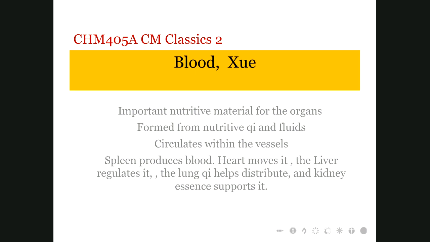It usually causes very serious conditions, goes to emergency for Wen Bing conditions, and needs specific care. Blood is an important nutritive material for the organs. We all know that we only have a certain volume of blood in our bodies. If we have serious hemorrhage, we can lose a lot of proper functioning.